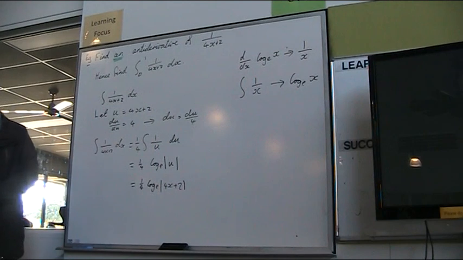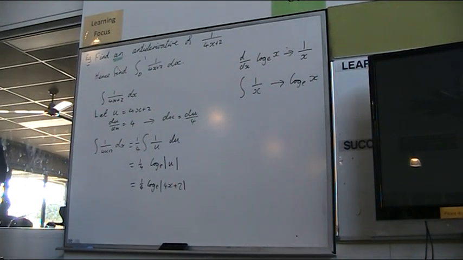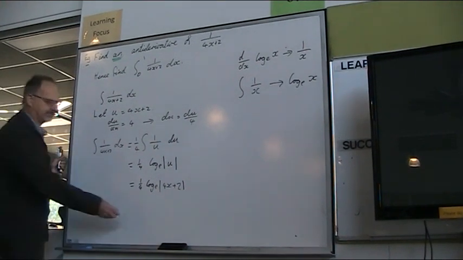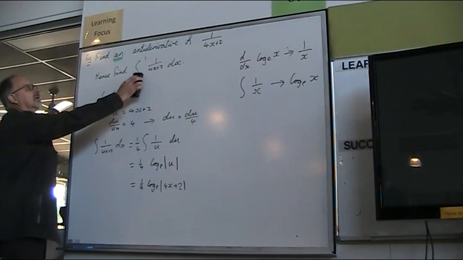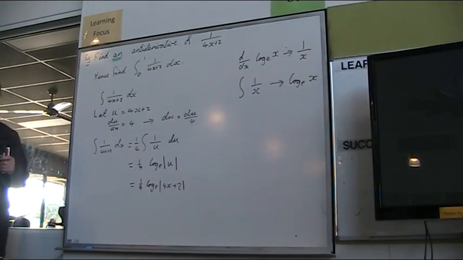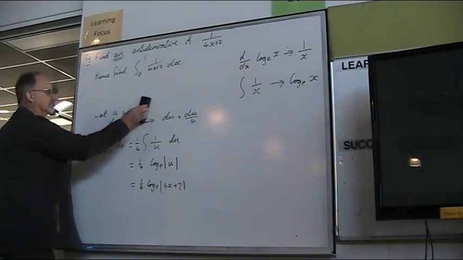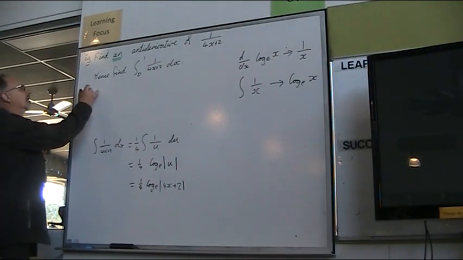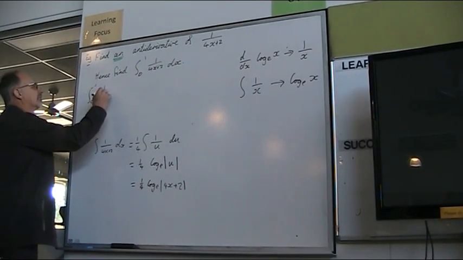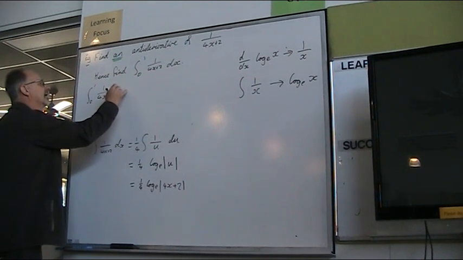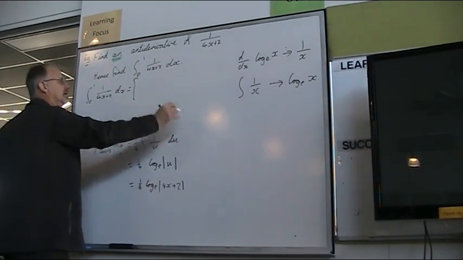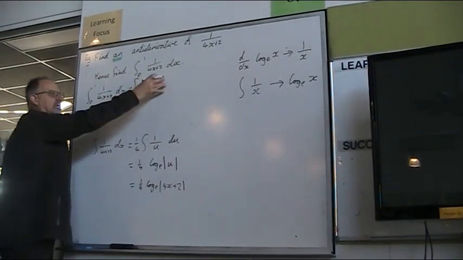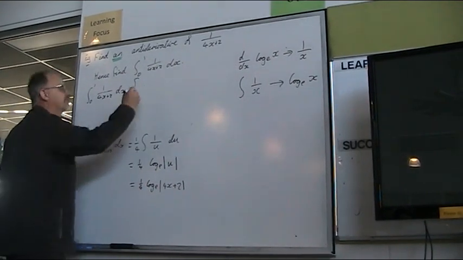All right. So now we've found an antiderivative. That was the first part. And now we're going to use that with this integral. Because we found our antiderivative, for 0 to 1 of 1 on 4x plus 2 dx, inside that square bracket, when we're doing the definite integral, it's this antiderivative, isn't it?